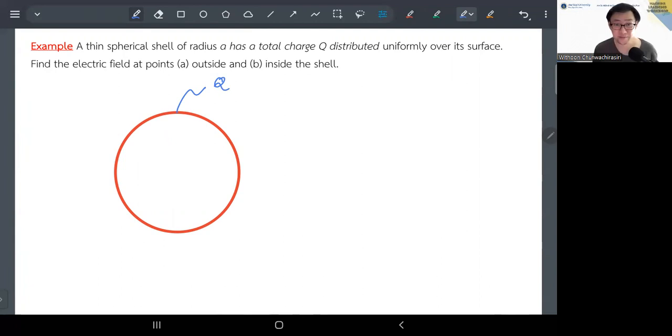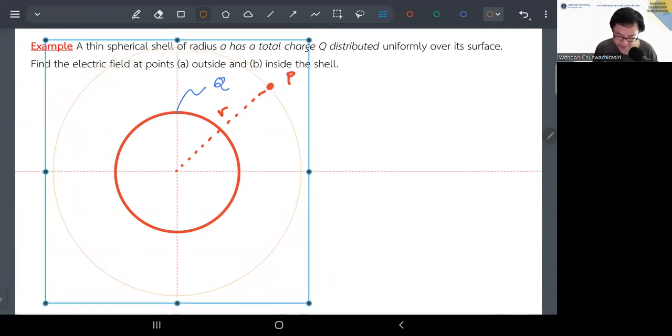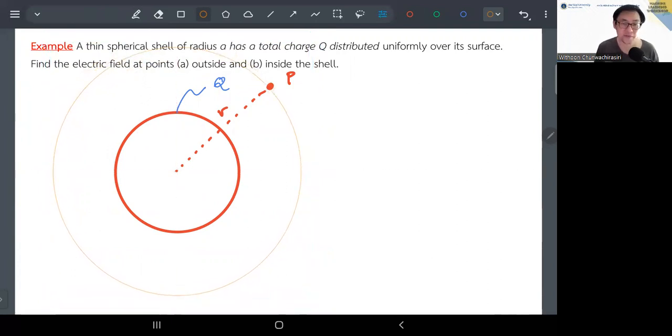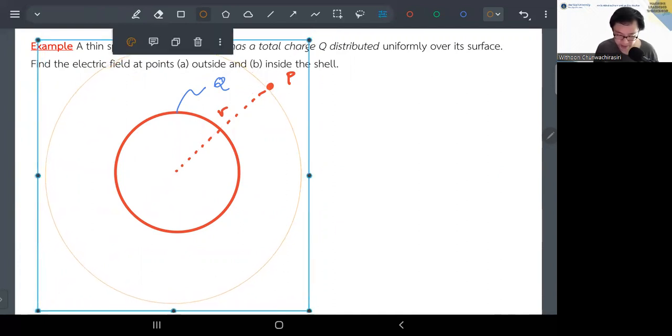Same question. If you're standing at some point P away from the center, at distance r, then by the spherical symmetry of the shell you should pick your Gaussian surface to be in the form of a sphere again.